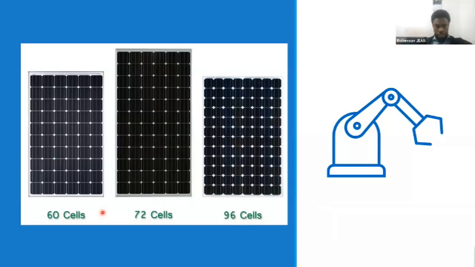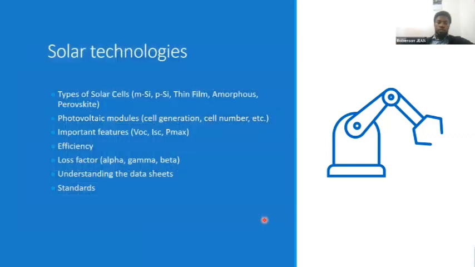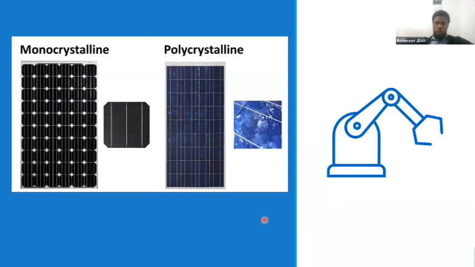So we have various types of panels that we can use: 60 cells, 72 cells, 96 cells, and also some 144 cells panels that are available on the market. According to the type of technology used, we have the monocrystalline photovoltaic panel and the polycrystalline photovoltaic panel.